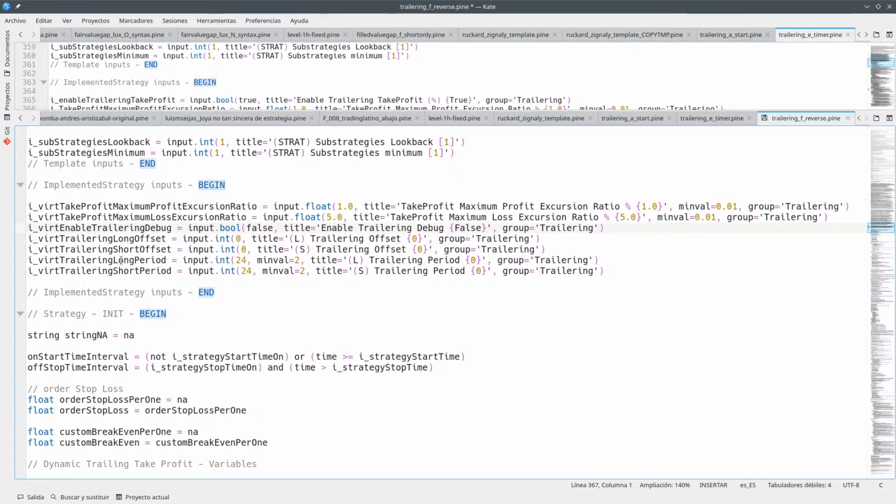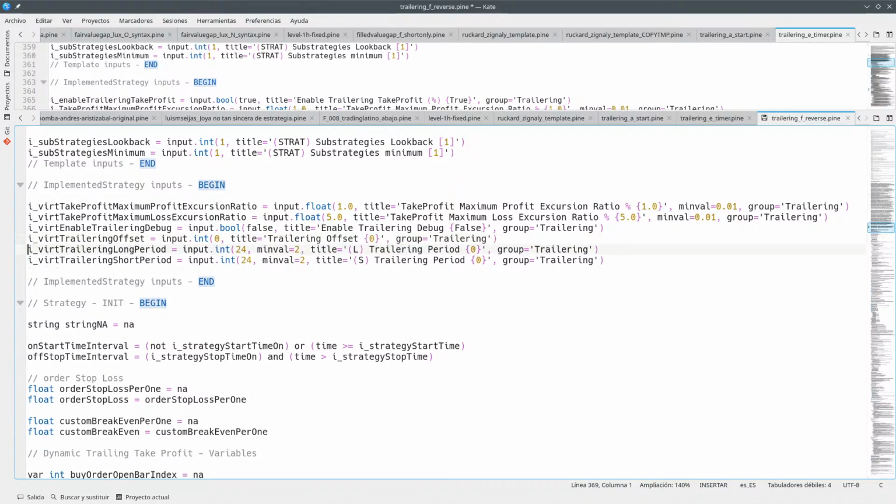We don't need long period and short period because we are always doing, yeah, so we need an offset here, so no need for long and short variables.